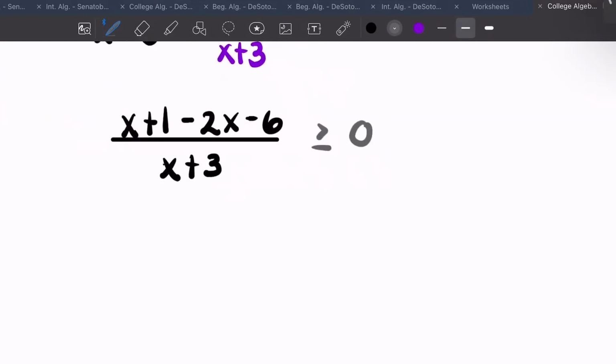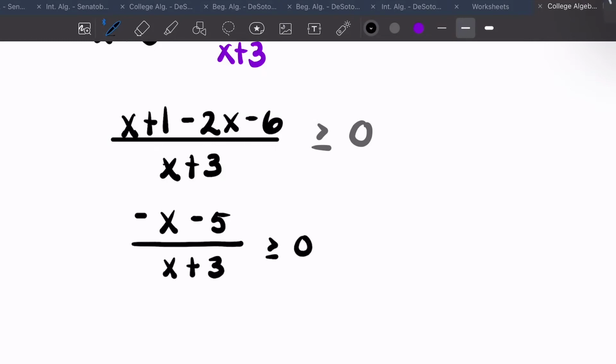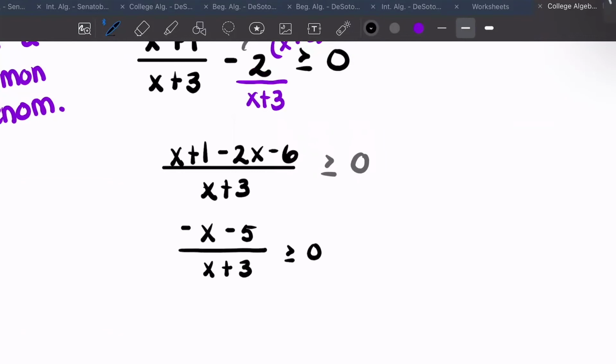We have some like terms. So we say -x minus 5 over x plus 3 greater than or equal to 0. Okay. End of step 1, right? Only difference with this one and the other ones is we had to find a common denominator.